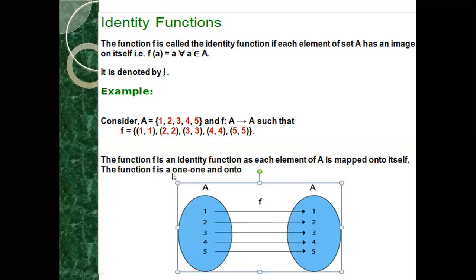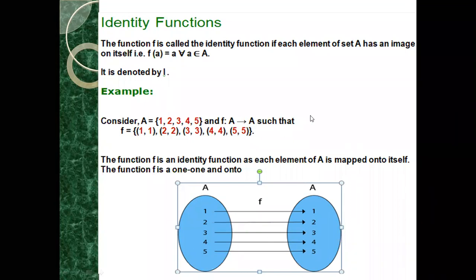The function f is one-one and onto. One-one means every element of A has a distinct image in B. Onto means every element of the codomain has a pre-image in the domain. So this is the identity function.